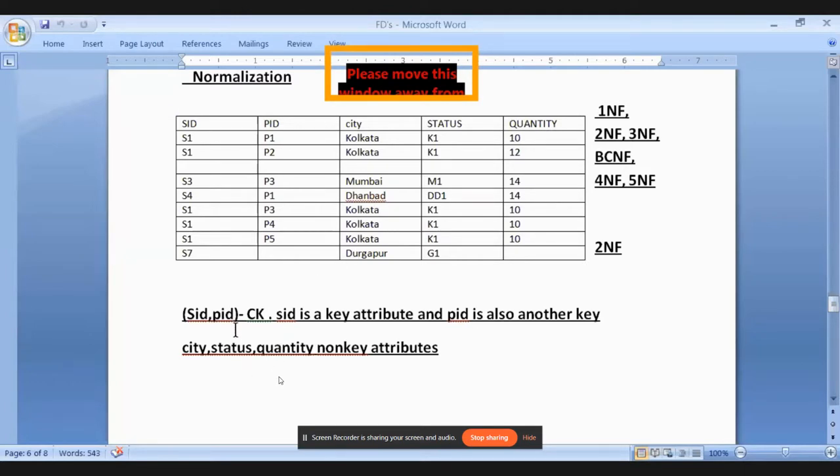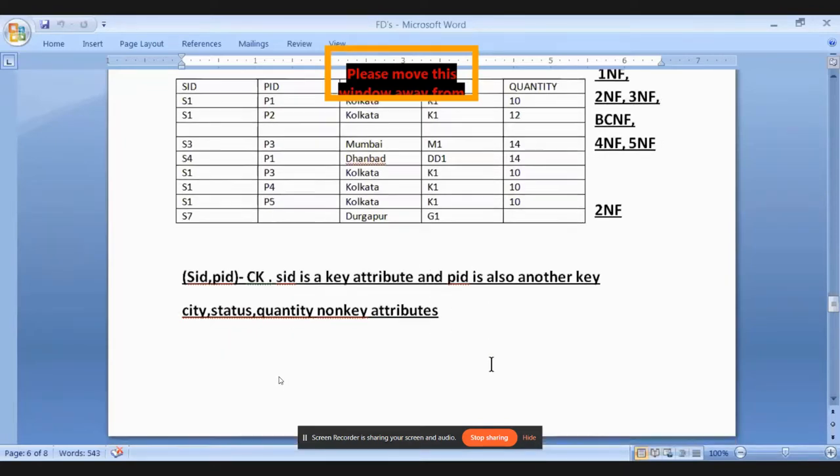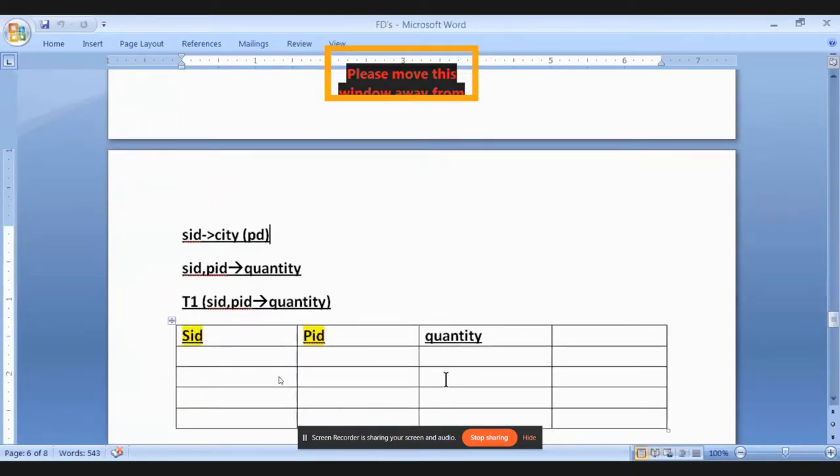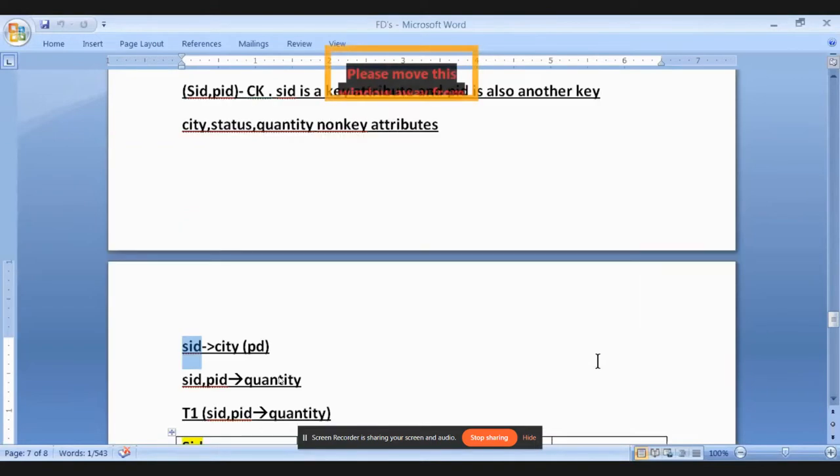A key attribute is a part of the candidate key. So if any non-key attribute on the right hand side depends on part of the candidate key or key attribute, then we say it is a partial dependency. So 2NF doesn't allow partial dependency, where a non-key attribute depends on a part of the candidate key. So we have to remove that.